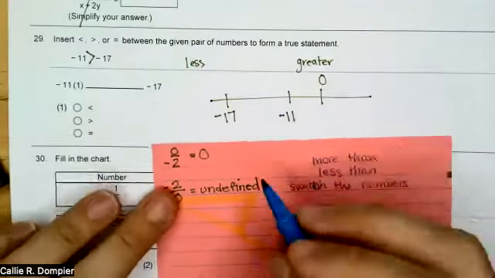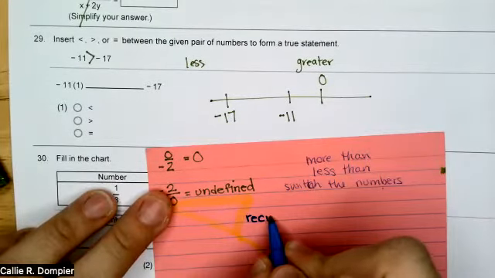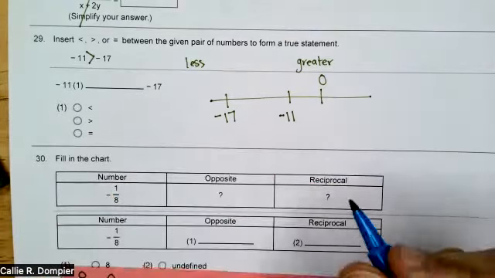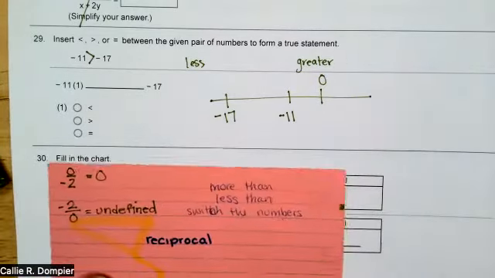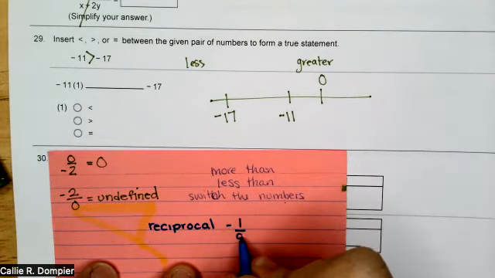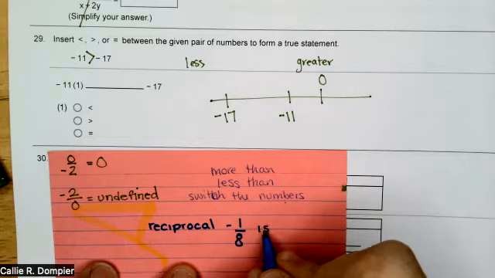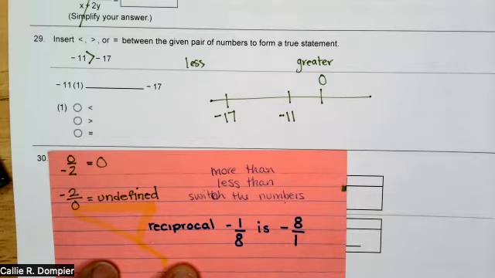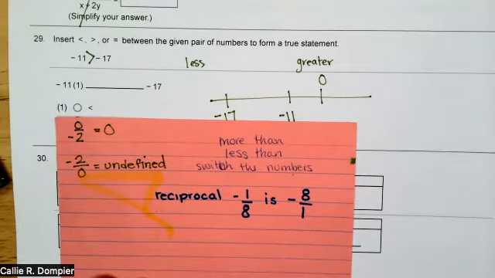All right. So the reciprocal of negative 1/8 is negative 8 over 1. So it's not a sign change, okay?